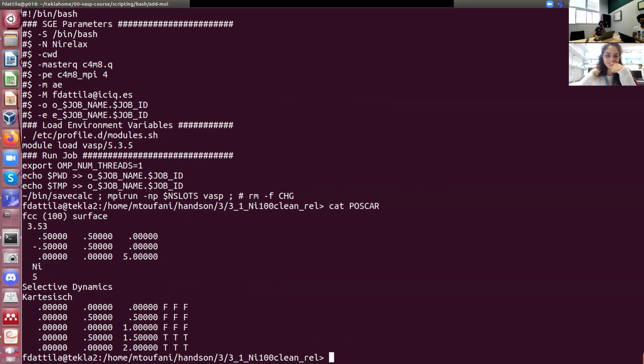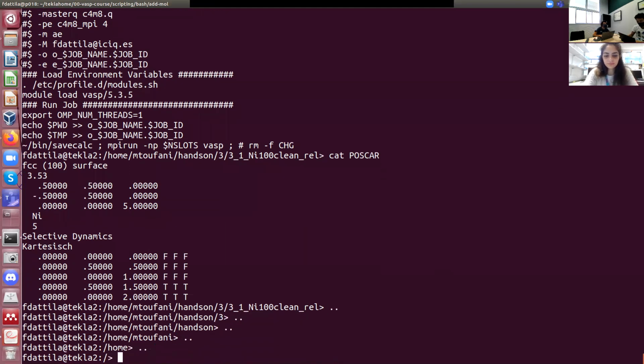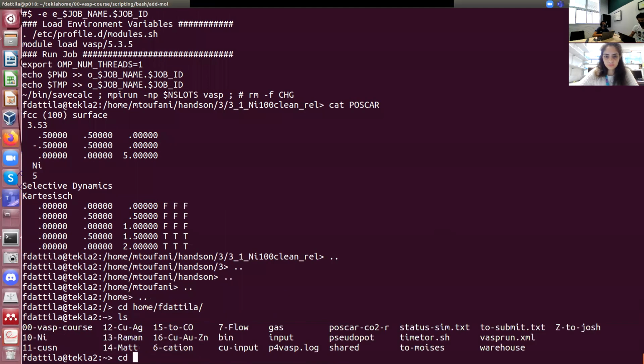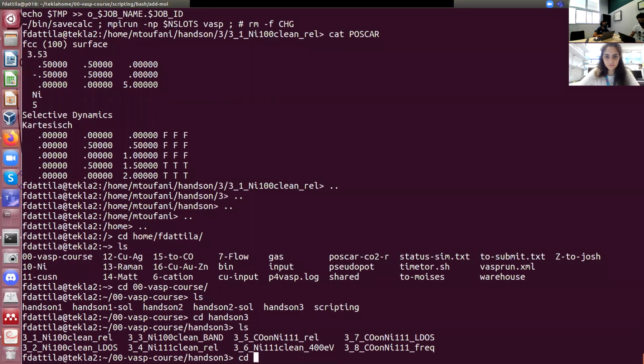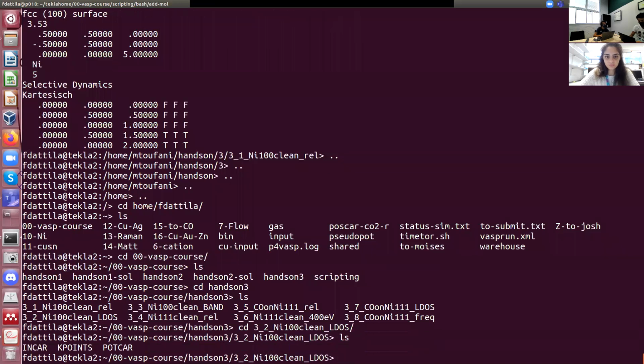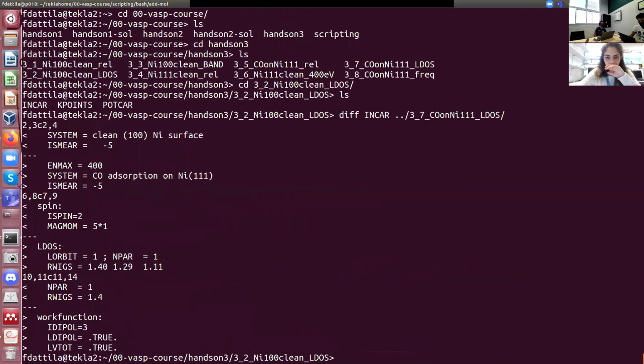Yesterday, and here I have a problem in the 3-2, just to calculate the density of states. Which problem do you have? And in the INCAR, I compare it to the other one, the 3-7, on the adsorption of a CO molecule over the nickel 111 face, also to calculate the density of states.